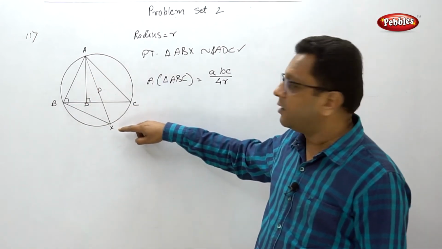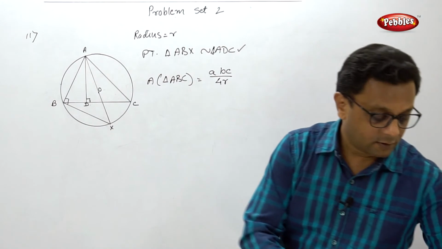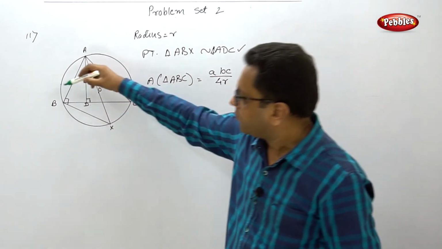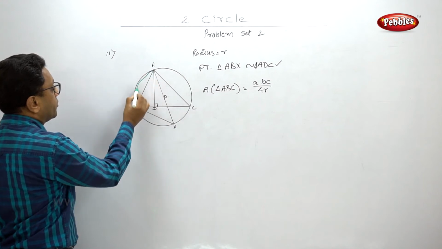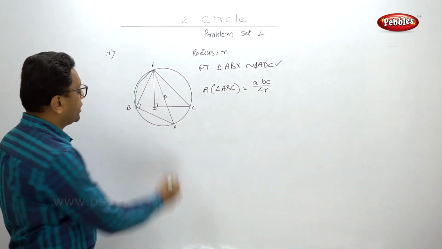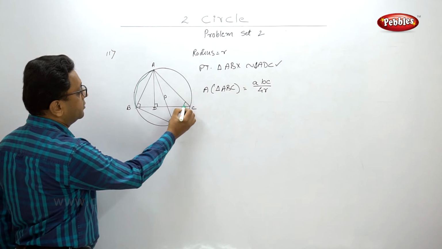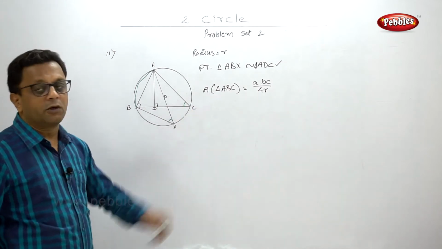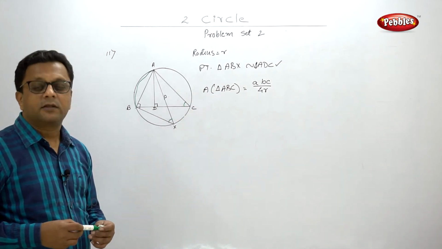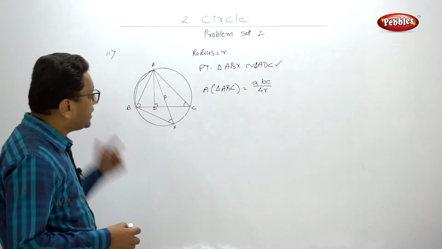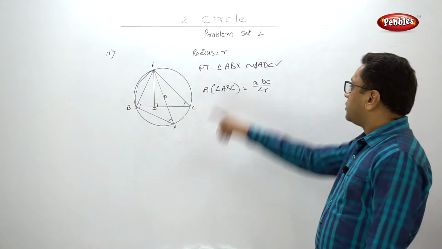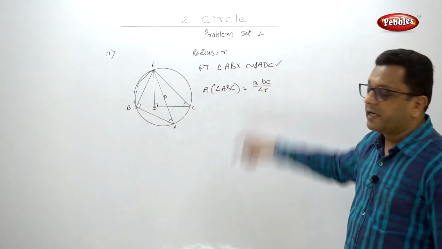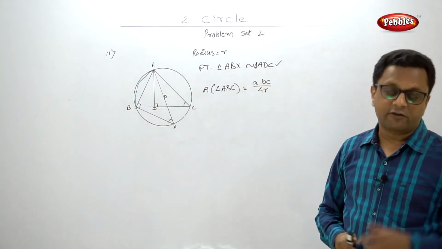Or we can say that this arc is intercepted by these two angles. So we can say that angle X equals angle C, angles in the same arc. So by AA test of similarity, triangle ABX and triangle ADC are similar triangles.